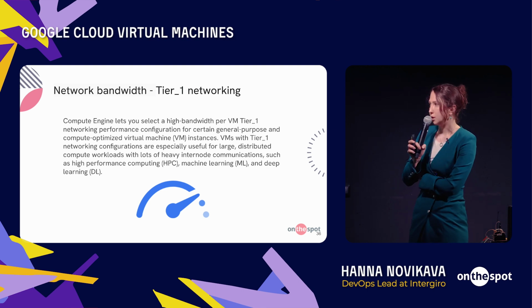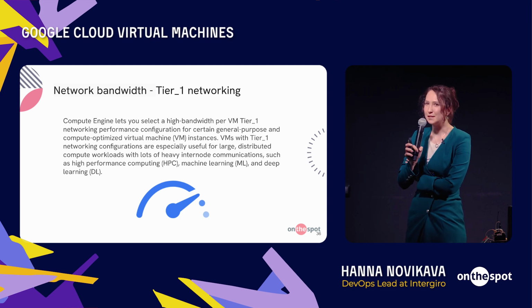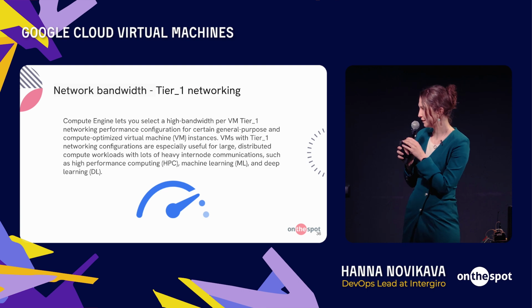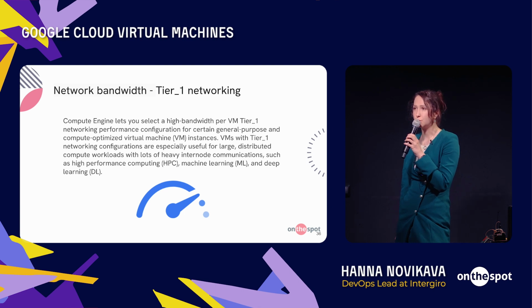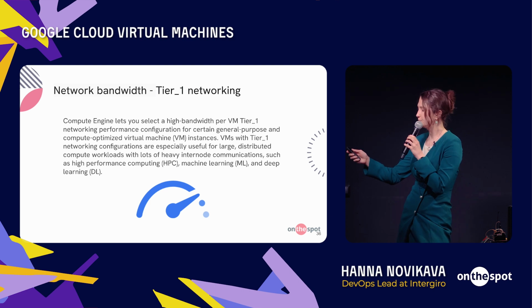So you just need to pay a little bit more to have better internet, as always. But sometimes it doesn't work. I mean that Premium Tier networking, unfortunately, doesn't work for all types of virtual machines, but for general purpose, you can always choose it.